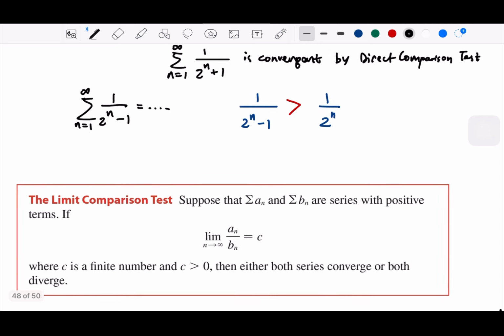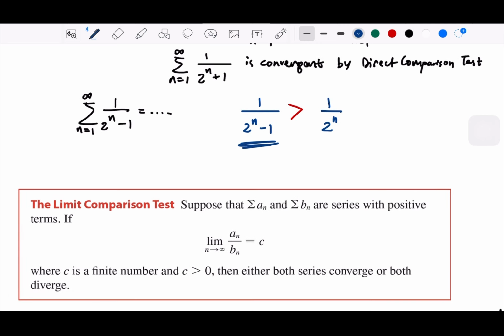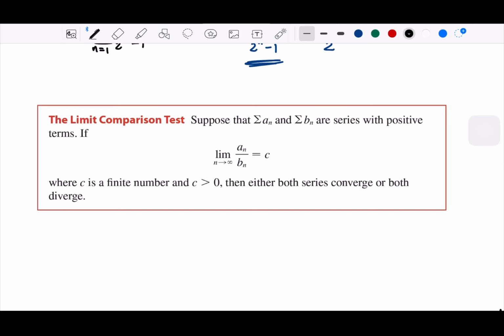Let's say we take the series 1 over 2 to the power n minus 1. Suppose we take this as an, the unknown one, and bn is our known series, which is the geometric series, sorry, not p series, it's a geometric series.